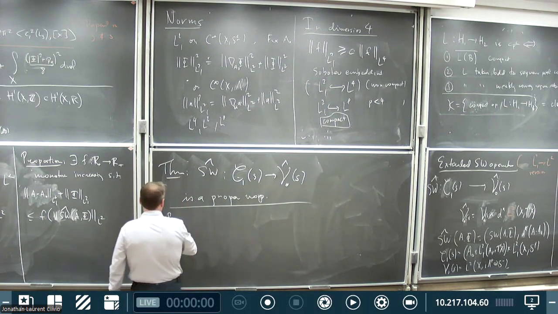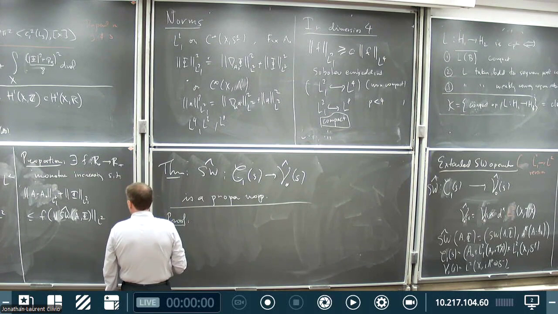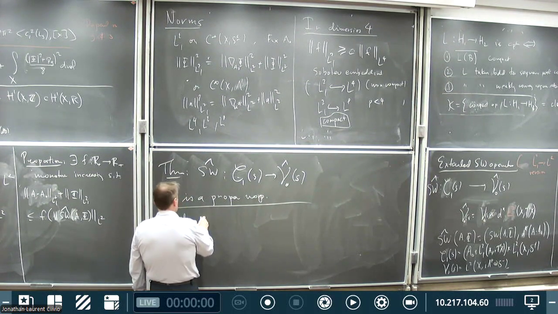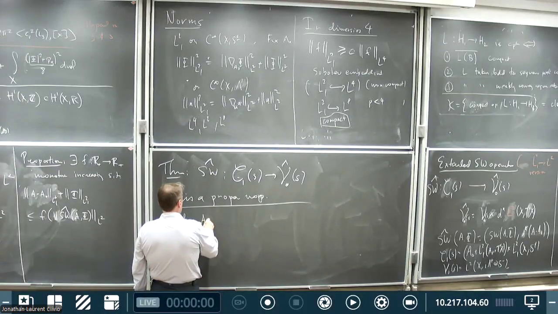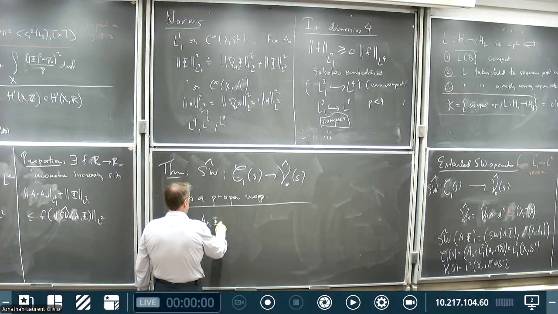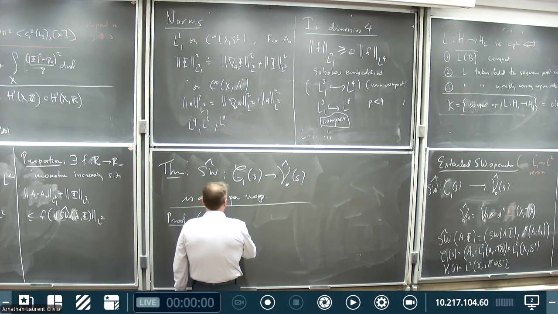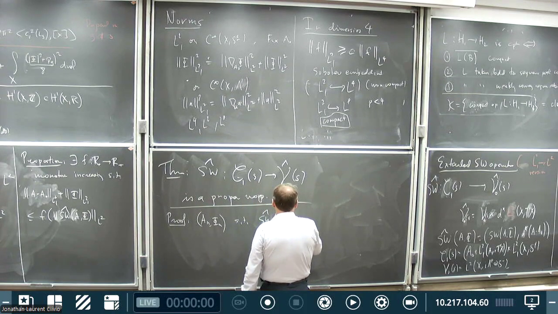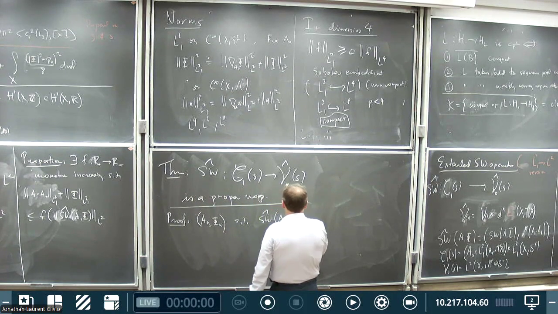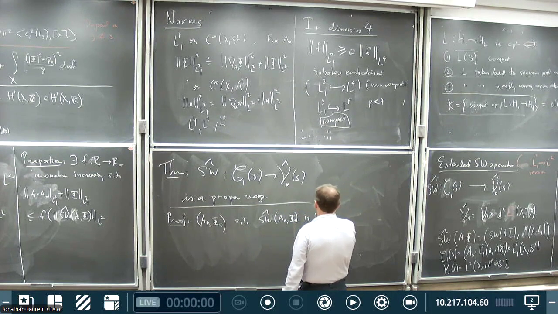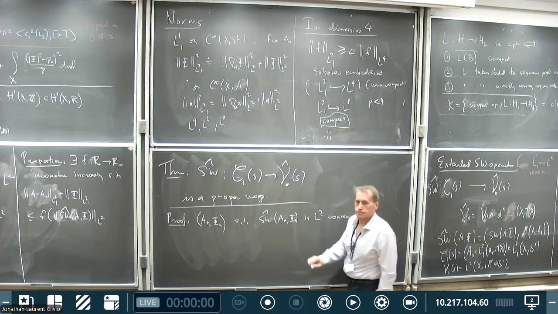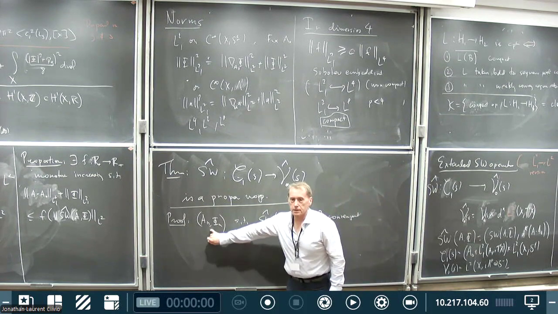What's the proof? Well, what we want to show is, if we have a sequence A_n and phi_n such that this guy gives L2 convergence, we want to prove that this guy is L21 convergent.